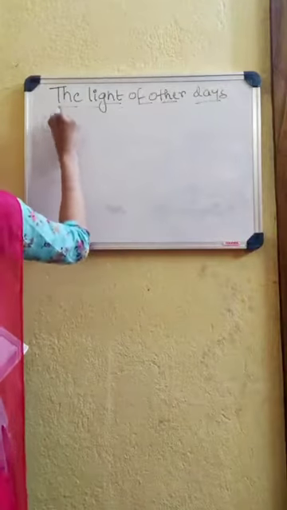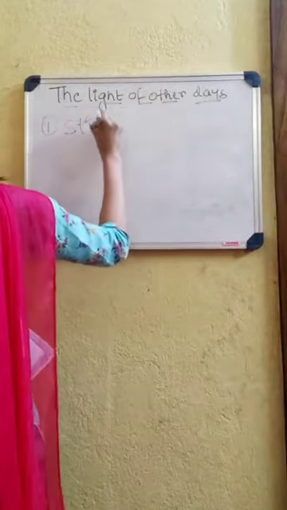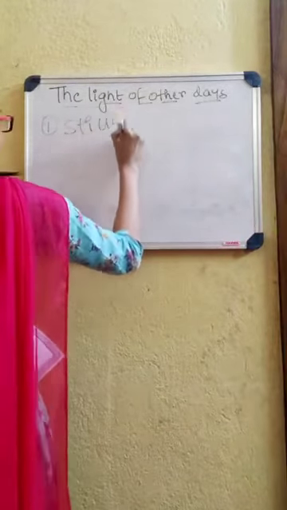So number one is stilly night in the first line. Number two is wintry weather, which is there in the second stanza. And in the second stanza you also have cheerful heart, C-H-E-E-R-F-U-L, cheerful heart.